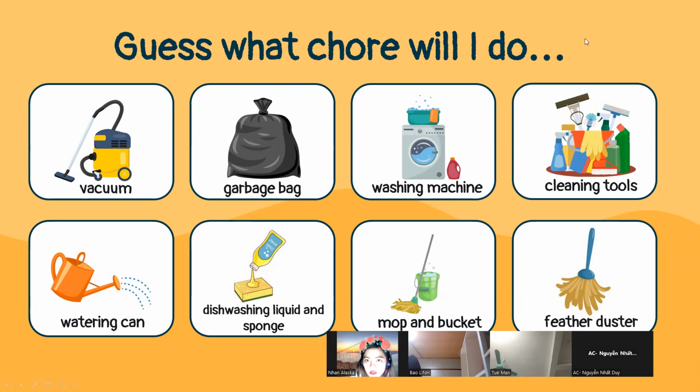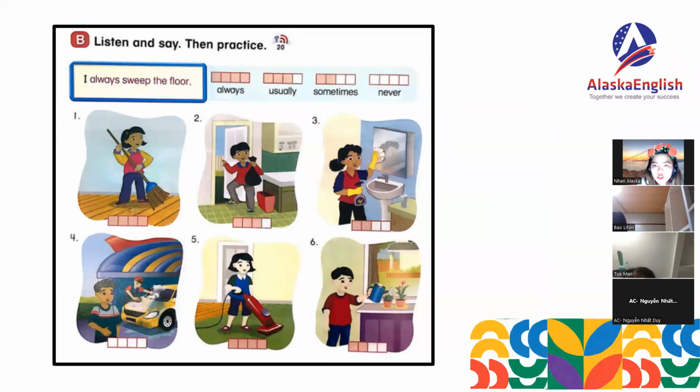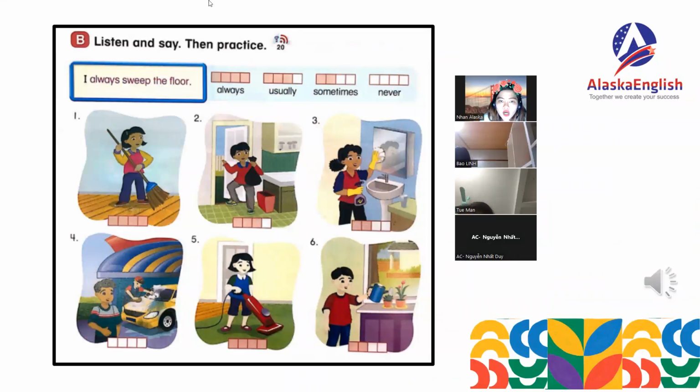Okay. So also, this is what we did last time, wherein you learned individually. We were able to discuss the frequency, meaning how often you do a certain household chore.